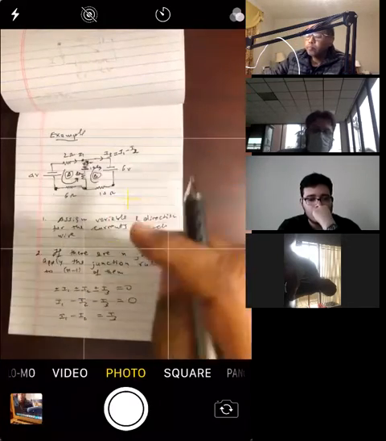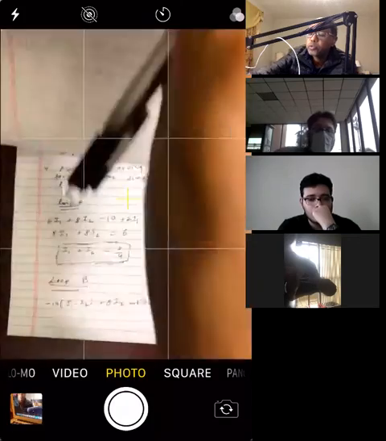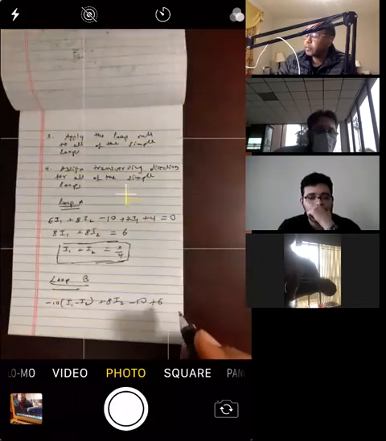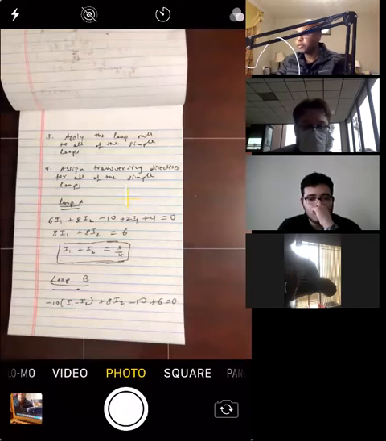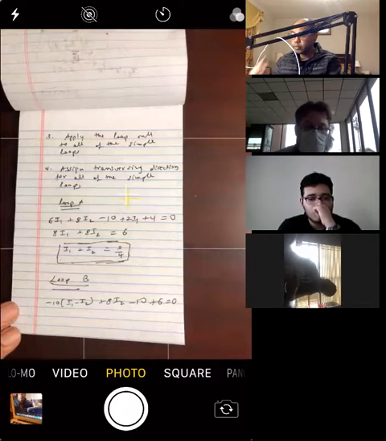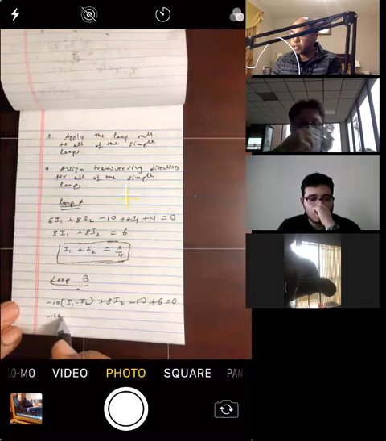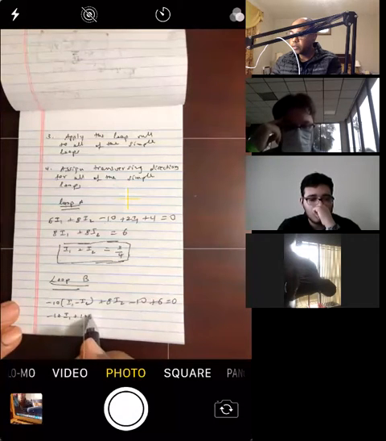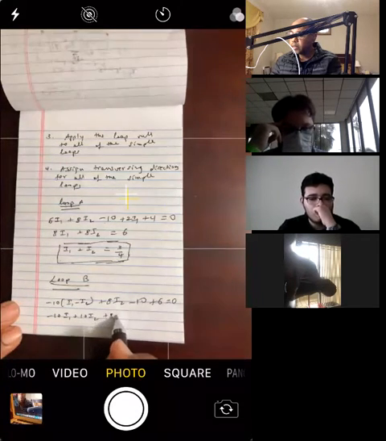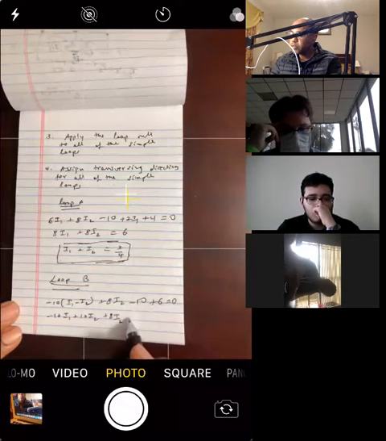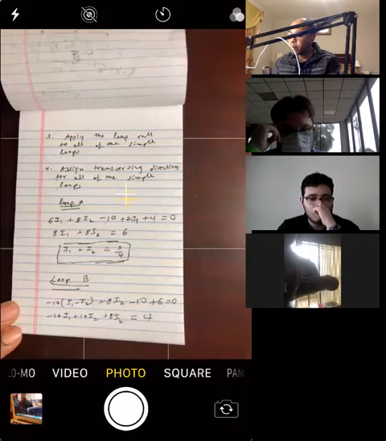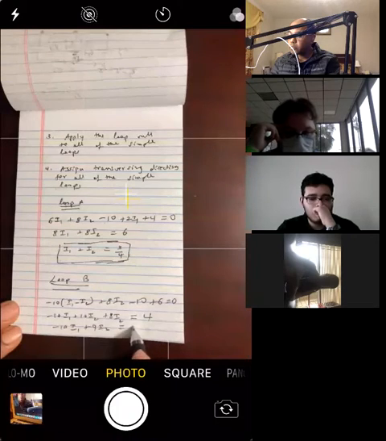So I've added all of them. According to Kirchhoff's loop rule, I equate them to 0. Now we can simplify it. You've got negative 10I1 plus 10I2 plus 8I2, and then this is minus 4, let's say equals 4. So we have negative 10I1 plus 9I2 equals 4.